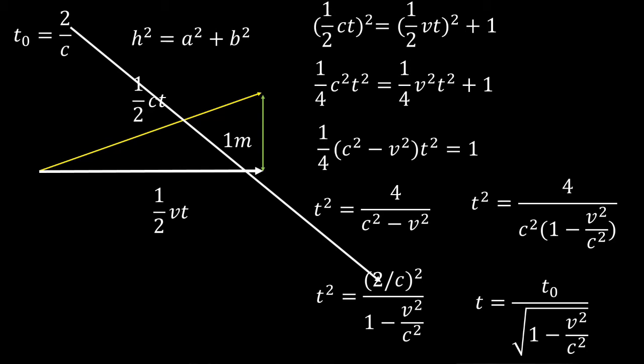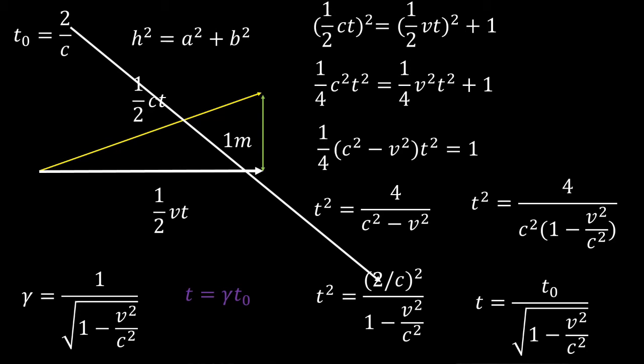The factor 1 over the square root of 1 minus V squared divided by C squared is given a special Greek letter gamma, and it appears in many equations of relativity. If we rewrite our equation using gamma, we just get T equals gamma times T0.